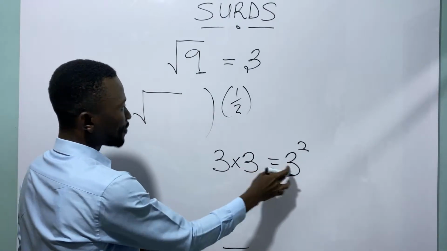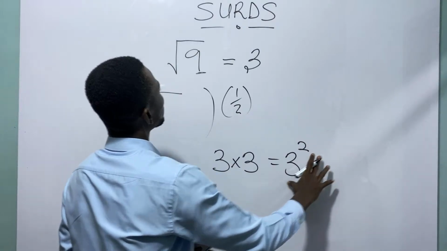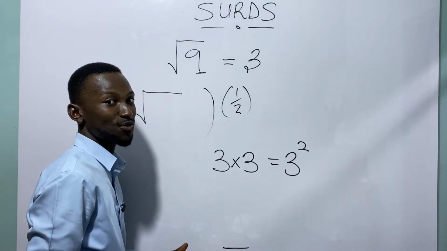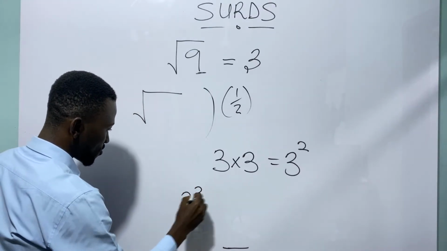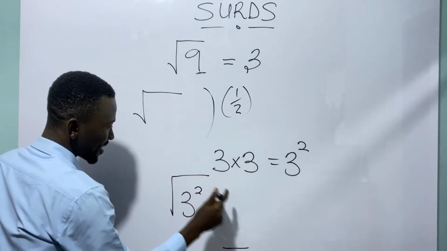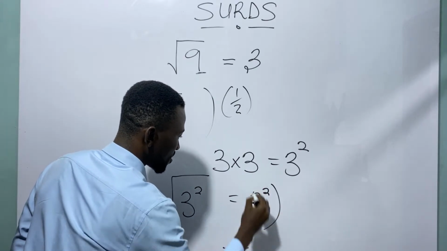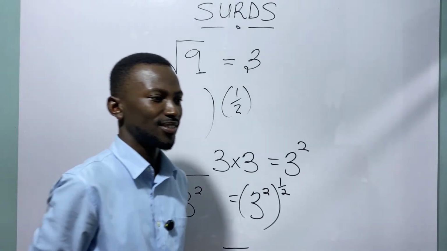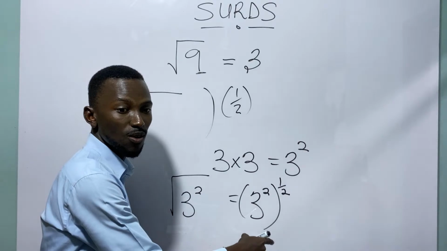Then we have this 9. This 9 is 3 exponent 2, and it is in the square root sign. So we can write this as 3 exponent 2 in the square root sign. But the square root sign is the same as exponent half, so we have 3 exponent 2, all in brackets, exponent half. Do you get that?